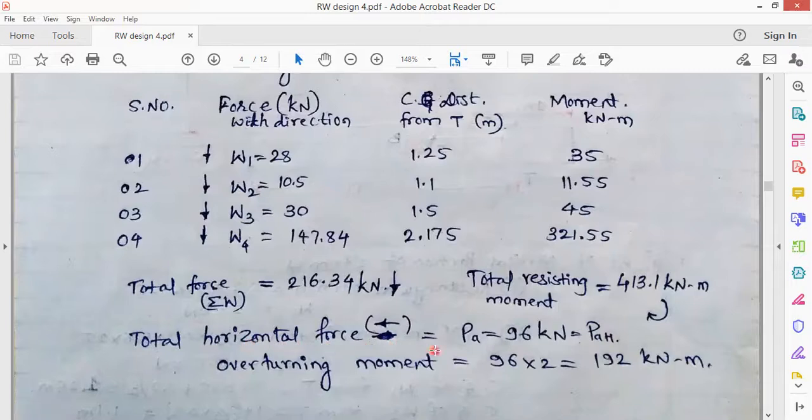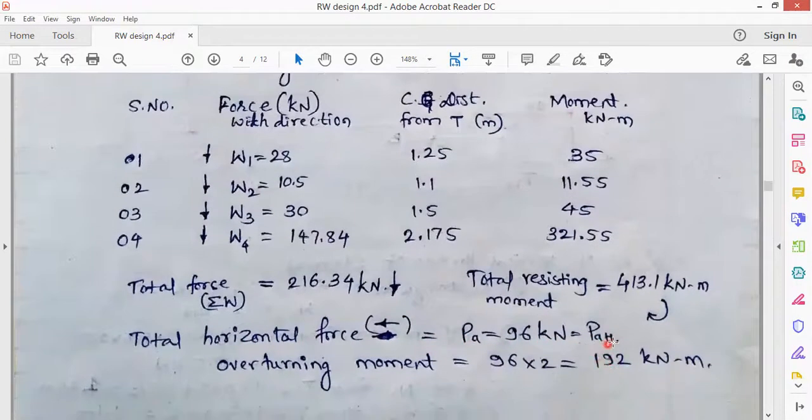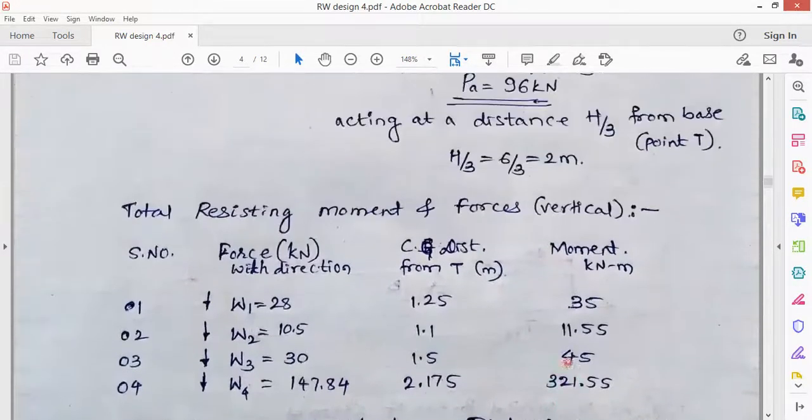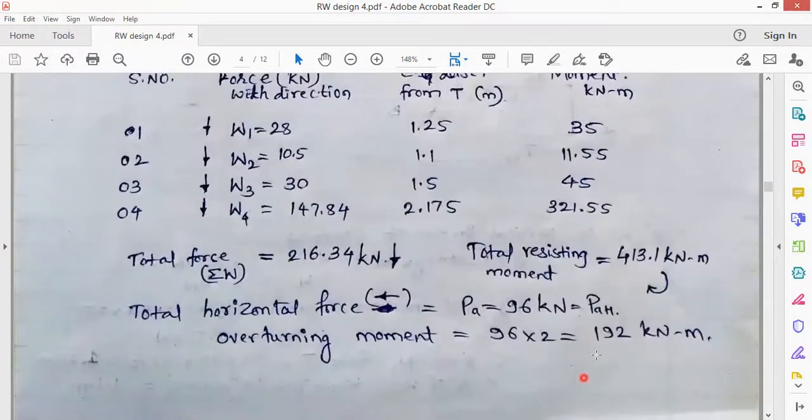Then the total horizontal force we have calculated, that is PA, is 96 kilonewton, and the moment due to this force is 96 into 2, acting at a 2 meter distance from the T point. So the moment is 192 kilonewton meter.